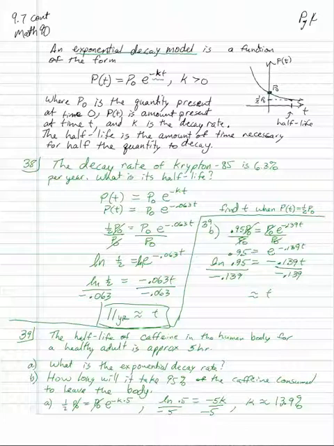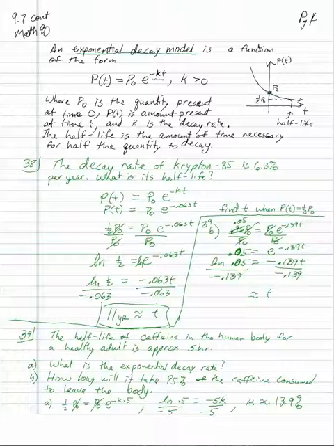I did that wrong, didn't I? Hang on. Yes, we want 95% consumed to leave the body, right? So that means how much is going to be left is 5%. So this shouldn't be 0.95, this should be 0.05. That's why I'm getting a different answer.